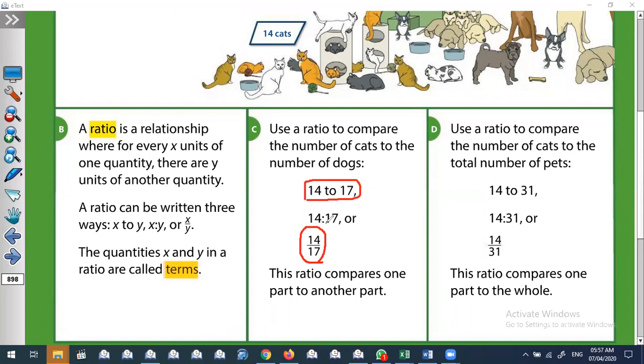Or we can use the symbol, 14 to 17. These two dots mean to. So I can write it like that, 14 to 17, no problem. Or a fraction like that, or words like that.